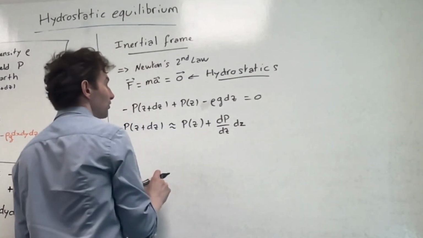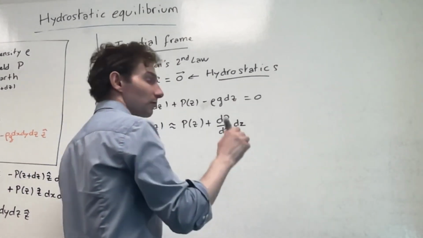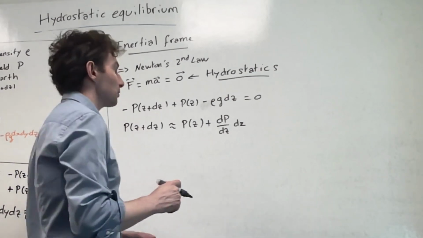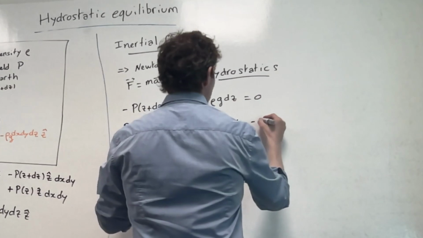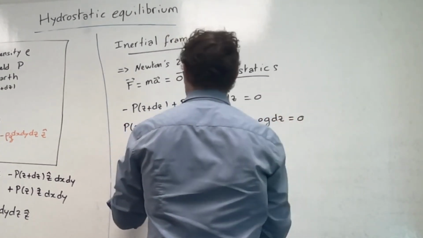So that's a first order Taylor expansion. If you go back to some videos, I've provided a way to get a Taylor expansion in that fashion. And then we get minus rho g dz equals 0.